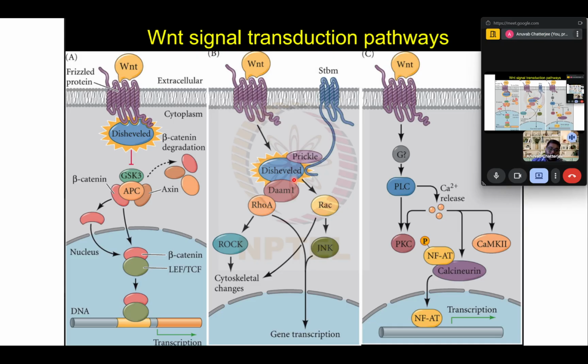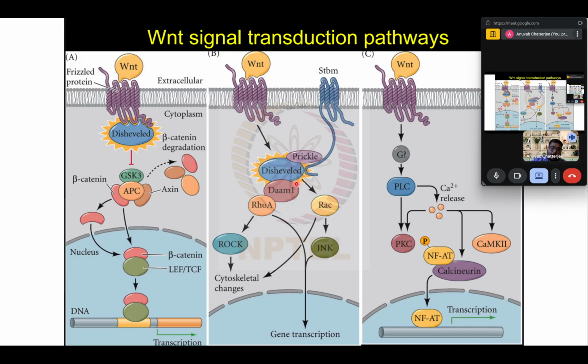But in this case, when disheveled is activated by both frizzled and STBM, it associates in a big complex which activates the monomeric GTPase RhoA, which activates ROCK, which causes cytoskeletal changes, with no gene transcription effects in this arm of the Wnt pathway.